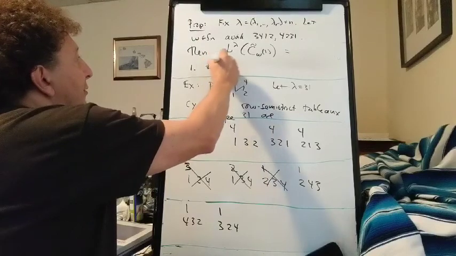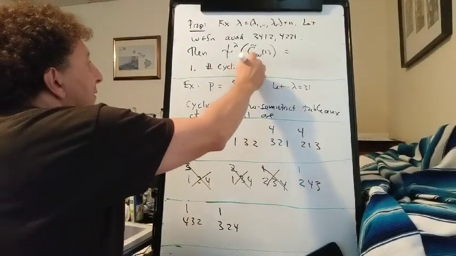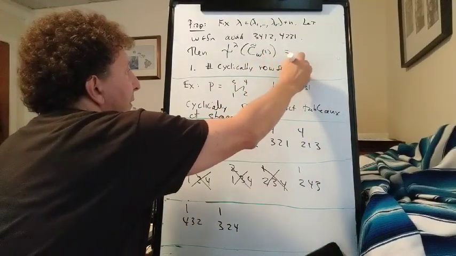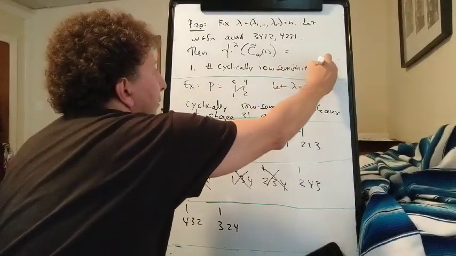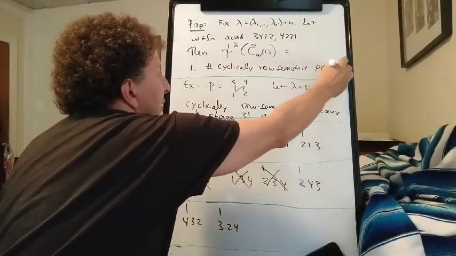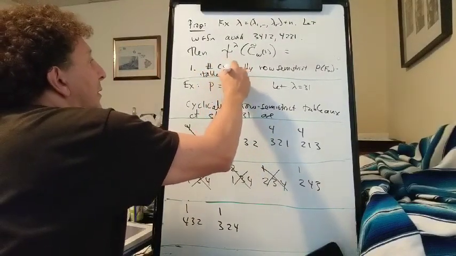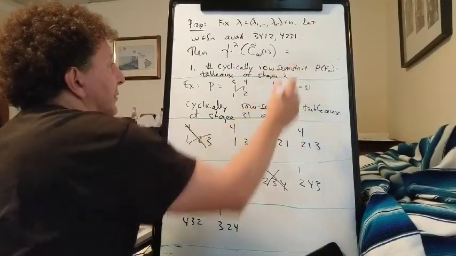So the number of cyclically row-semistrict P of F_w tableau of shape lambda.